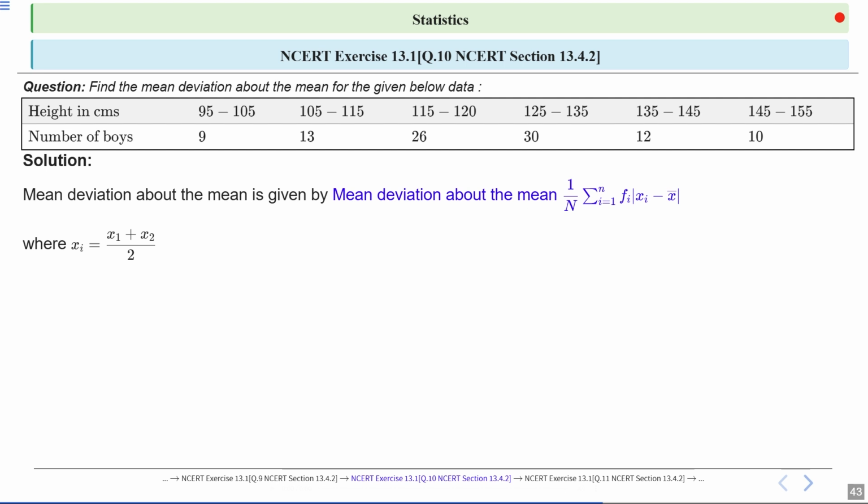So let's recall how to calculate the class mark xi. So xi is basically (x1 plus x2) divided by 2.